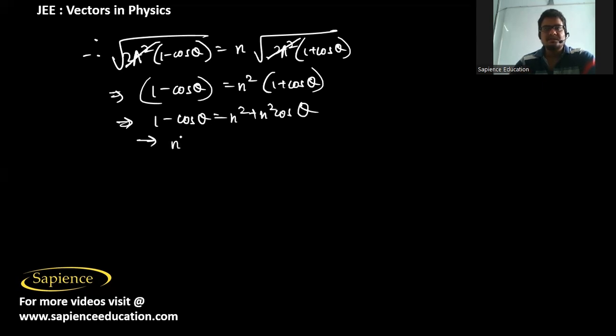So it means that n square plus 1 into cos theta is equal to 1 minus n square. Cos theta will be equal to 1 minus n square by 1 plus n square.